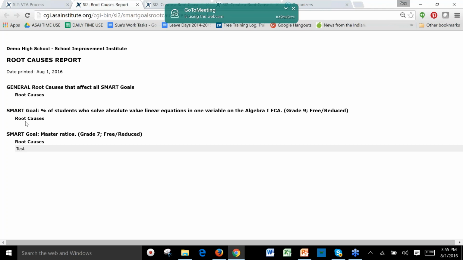As you read through this, if you think there are not enough root causes, or they're not strong enough to actually impact that goal after you fix them, then you need to rethink those root causes. So this is a really good summary report to help you think, for each of your SMART goals, are you addressing enough of the right things to make that data drive?